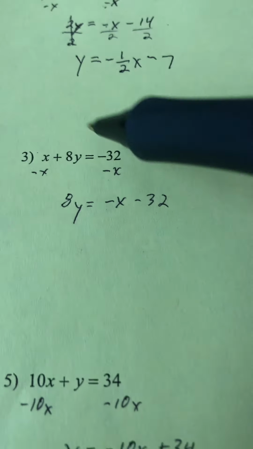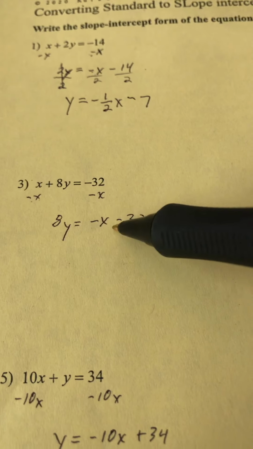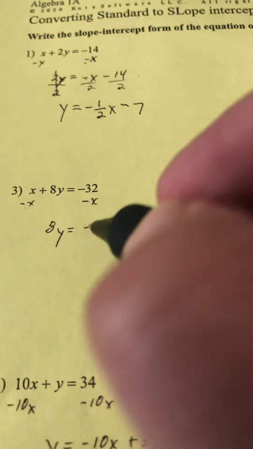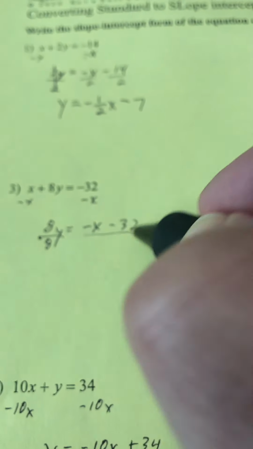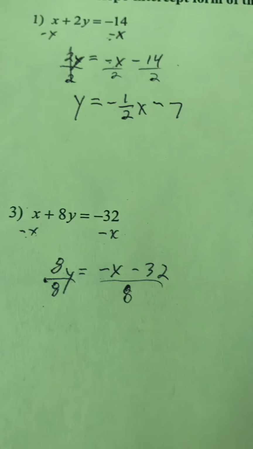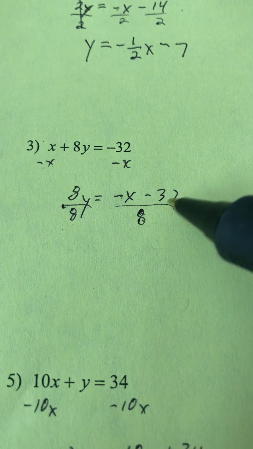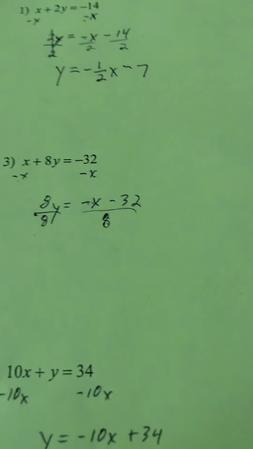For number 3, I want to get the y by itself, so I subtract x from both sides. I end up with 8y equals negative x minus 32. And then I'm going to divide everything by 8, and I could either think of it this way or this way as I did up here, but you're doing it to both of these terms of this side of the equation.